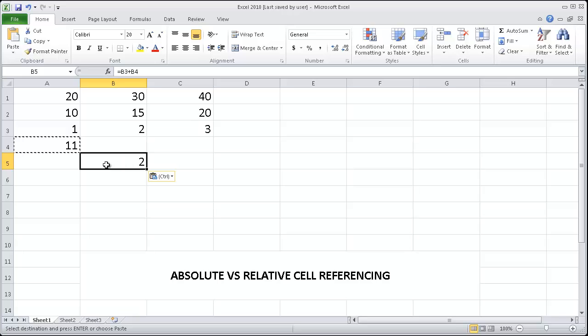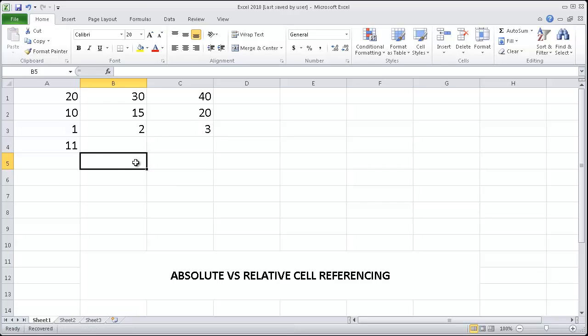Why is it 2? Because now that we moved one square to the right and down, we have a shift in the column to become B, and then a shift down in the rows. So originally we were at 2 and 3, and now we're at 3 and 4. So B3 is here. 2 plus nothing is 2. So that's the way we compute it.